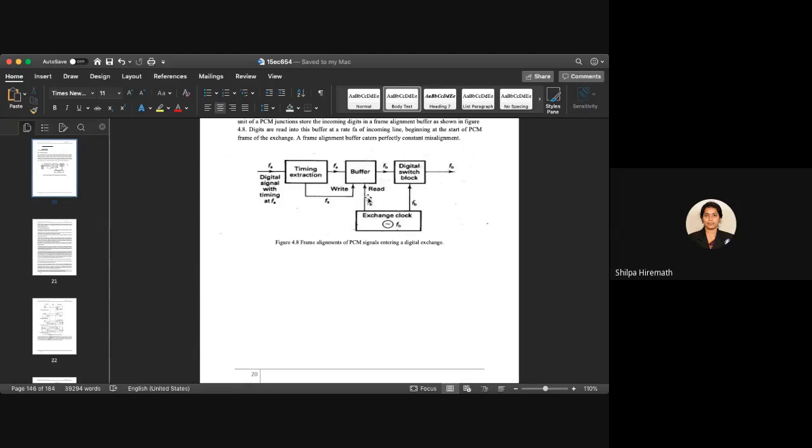If this buffer overflows, it means that whatever the contents of this buffer are have to be erased and it has to start to refill. Once this buffer is emptied completely, then the contents of the last frame are repeated to refill it.